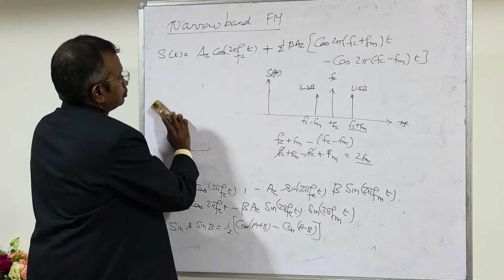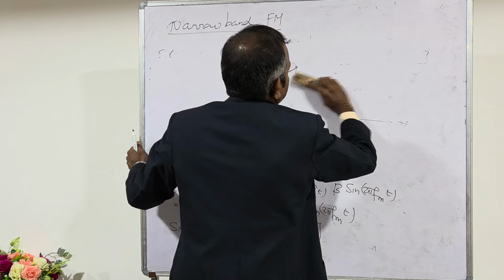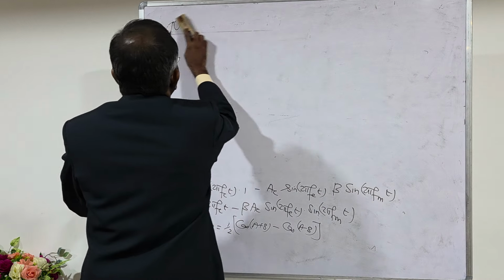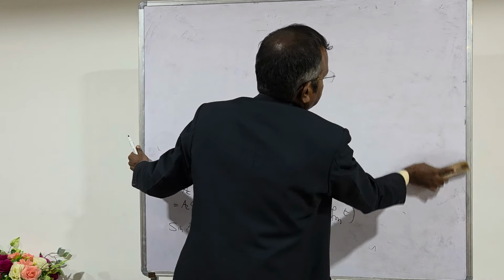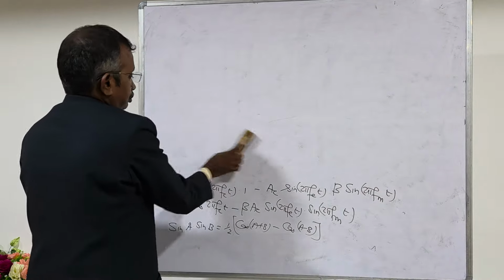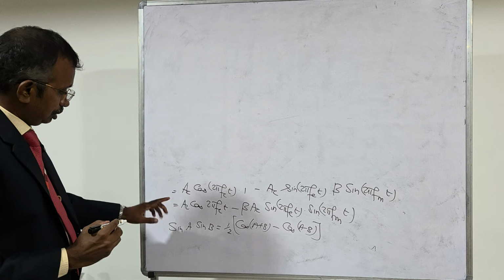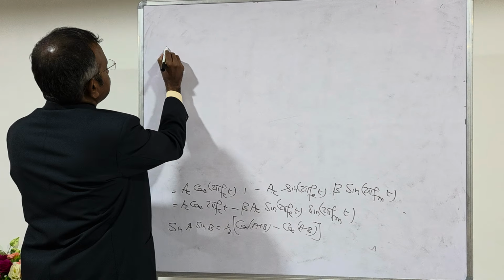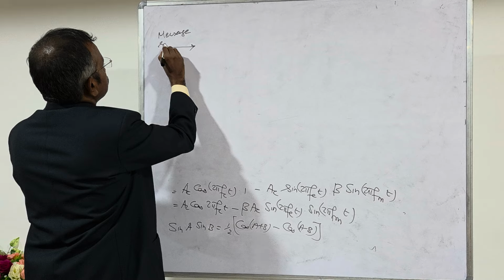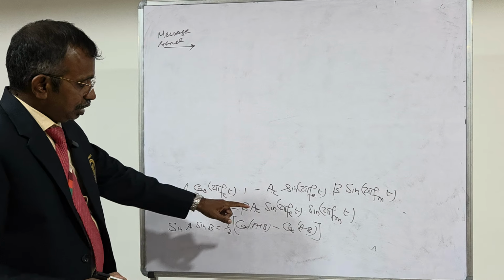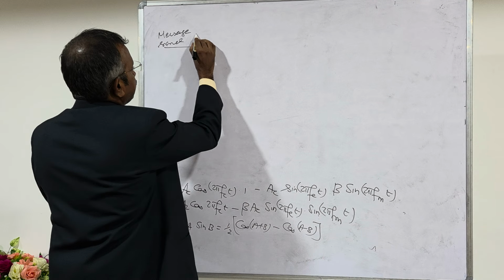So the block diagram for generating the FM signal is as follows. Here I am going to start with the message signal. Then sine 2π fm t is obtained by integrating this particular message signal with an integrator.